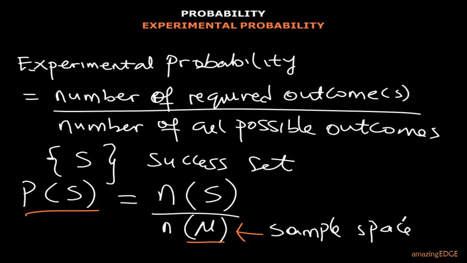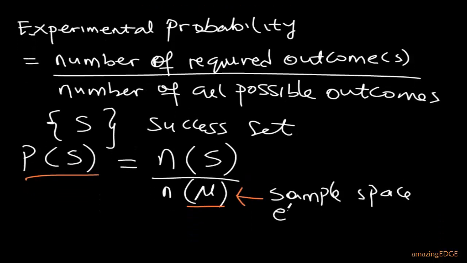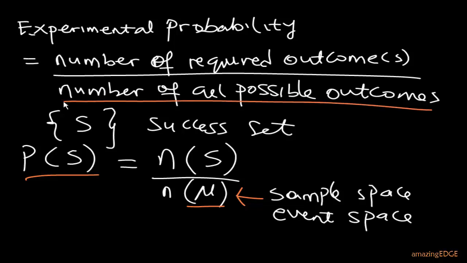Some people may even decide to call it event space. They're all the same. So the universal set, which is serving as the number of all possible outcomes. When you are using the notion of set to define it, you can call it the universal set, or you can call it the sample space, or you can call it the event space.